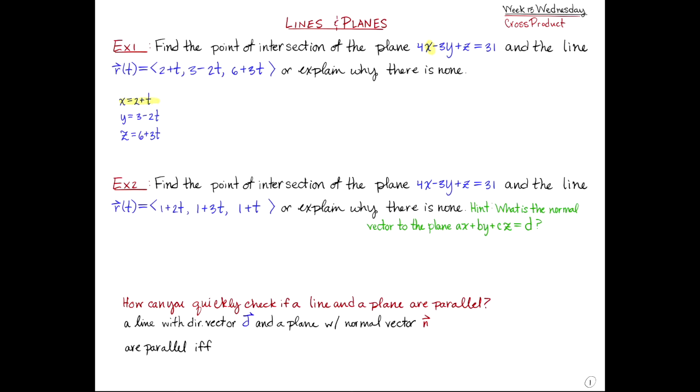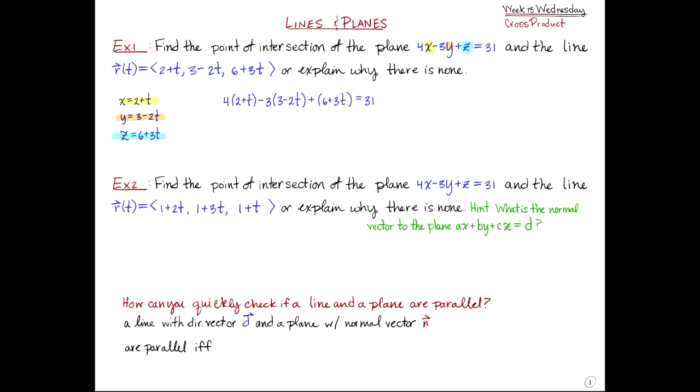We can sub in y equal to 3 minus 2t, and z equal to 6 plus 3t. Subbing in, we have 4 times 2 plus t minus 3 times 3 minus 2t plus z, and in place of z we have 6 plus 3t, and that is equal to 31.